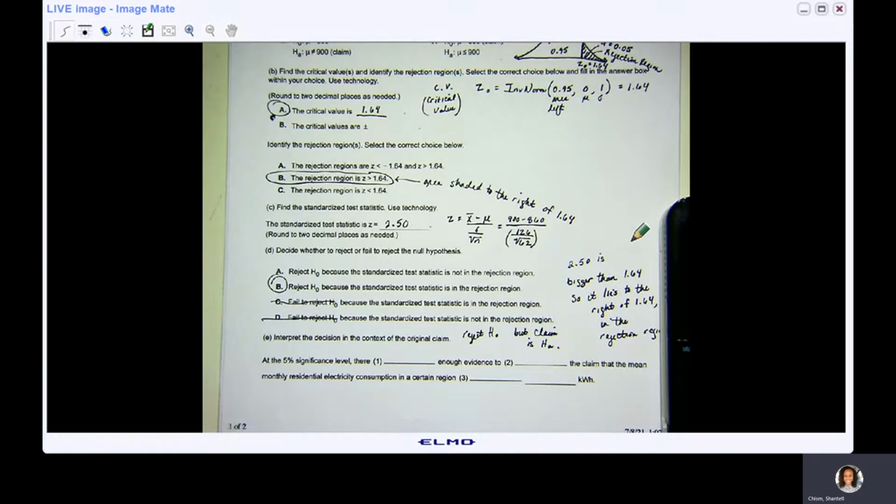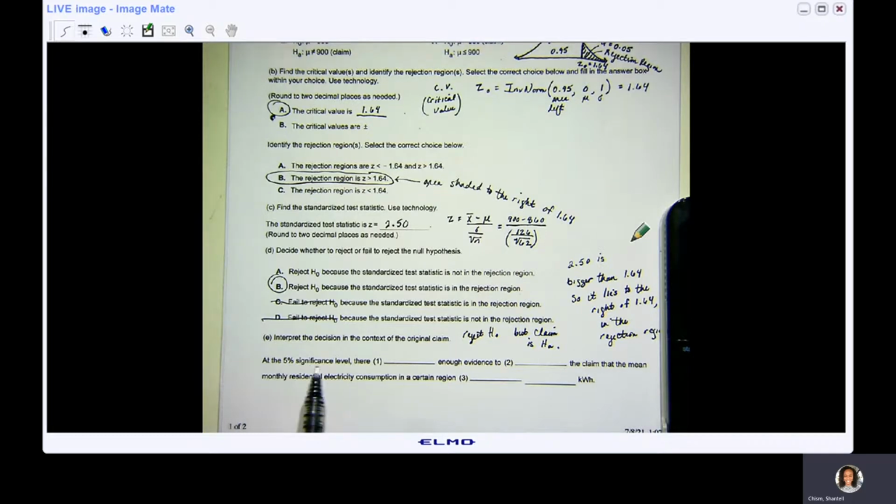So all you're left with is HA, which is the claim, which tells you that your evidence supported your claim. You were able to throw out H naught and therefore support HA. When you're able to get rid of one, it means the other one, from your data, must be true. So we're able to support HA.